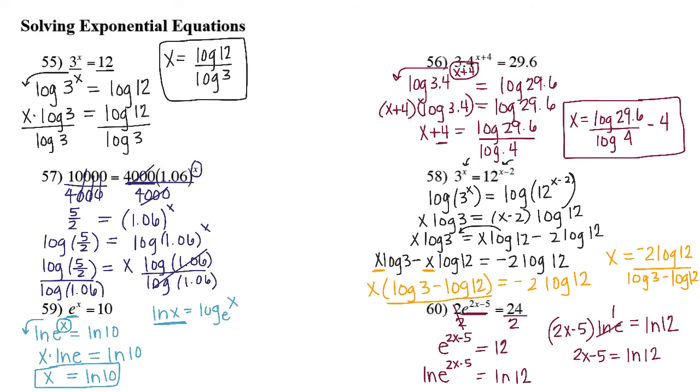And so finishing the problem, we're going to add 5 and divide by 2. So x is equal to the natural log of 12 plus 5, all over 2. And again, you cannot combine the natural log of 12 and 5, so just leave it like it is. And so here would be your final answer on that one.